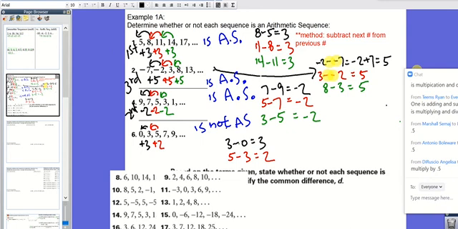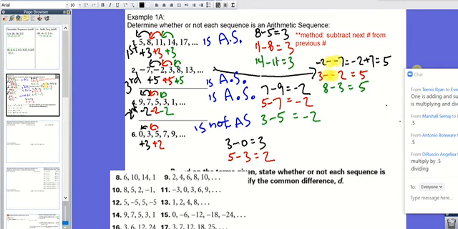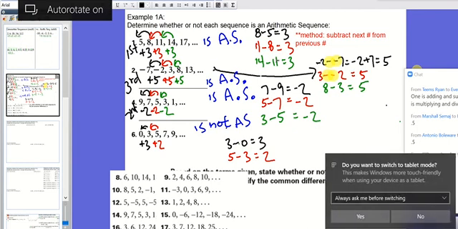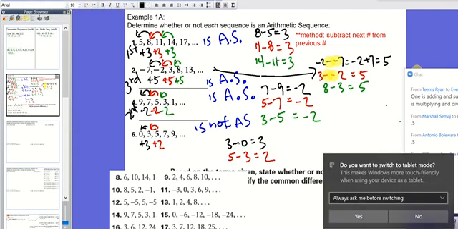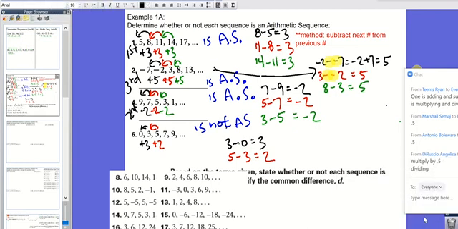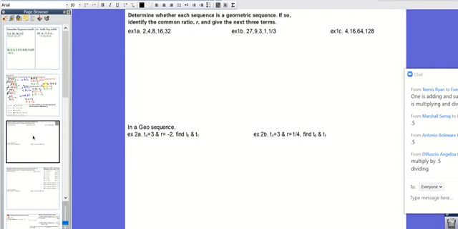We do that for the black, red, and green, and if they match, it's an arithmetic sequence. Instead of minus this time, what are we doing to see if the numbers match? That's exactly right, we are dividing now.